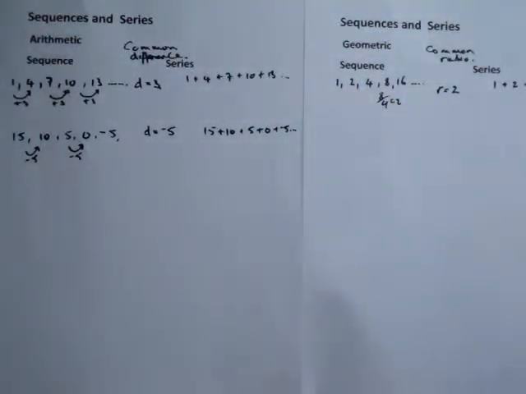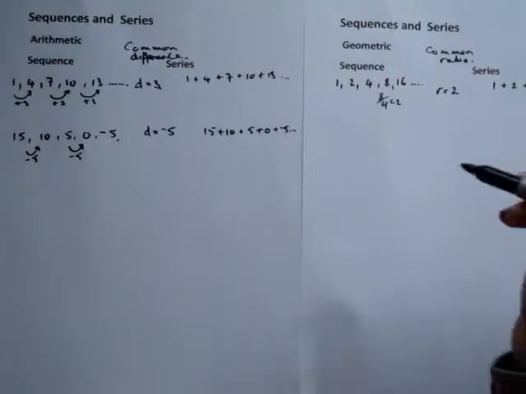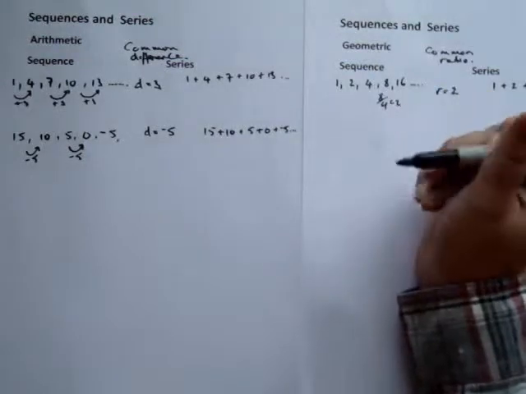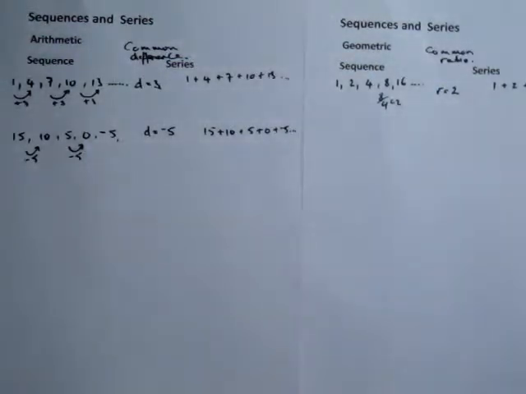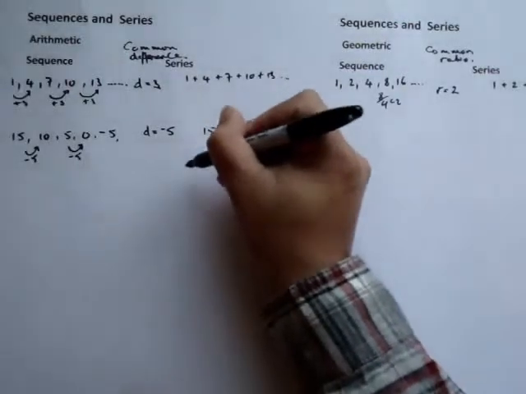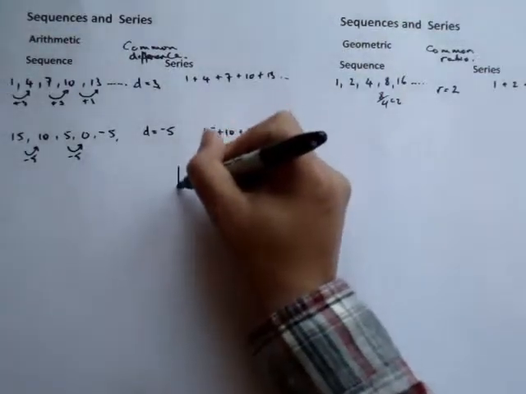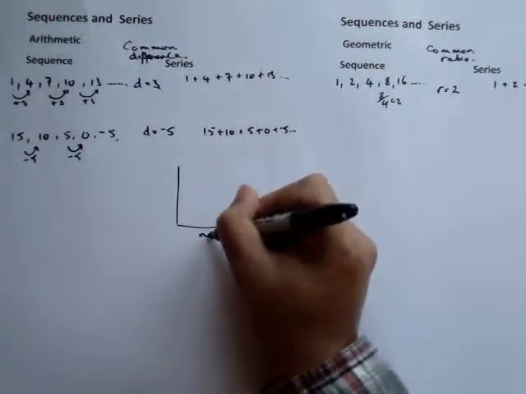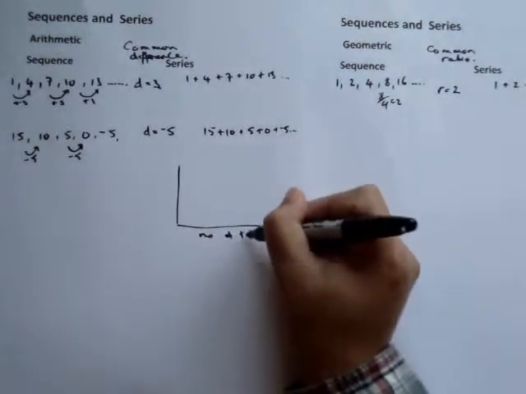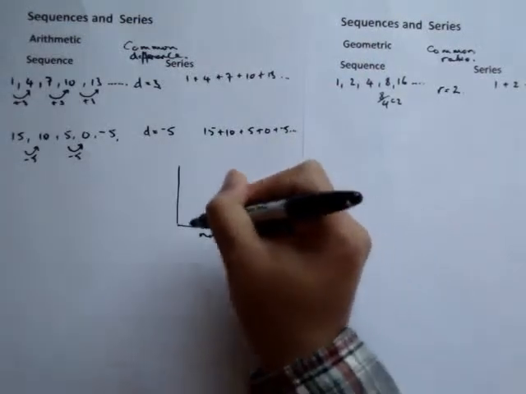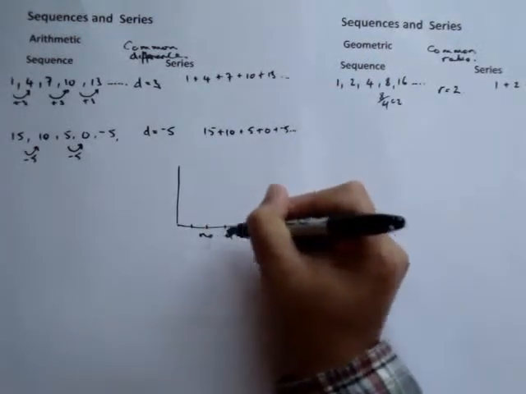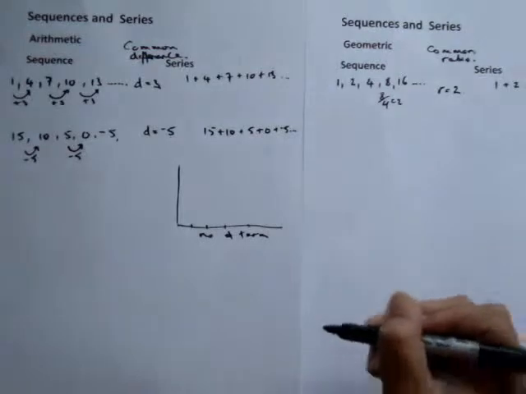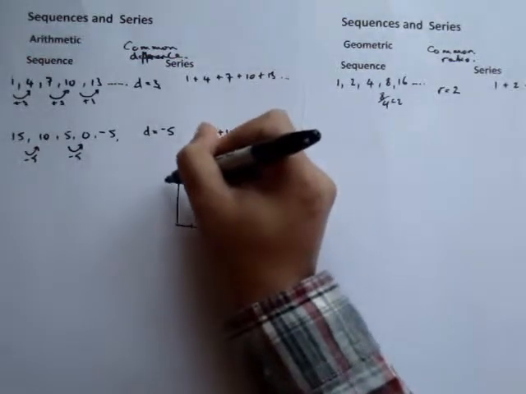Let's have a look at a plot of the number of the term, so the first term, the second term, the third term, the fourth term, plotted against the value of the term.